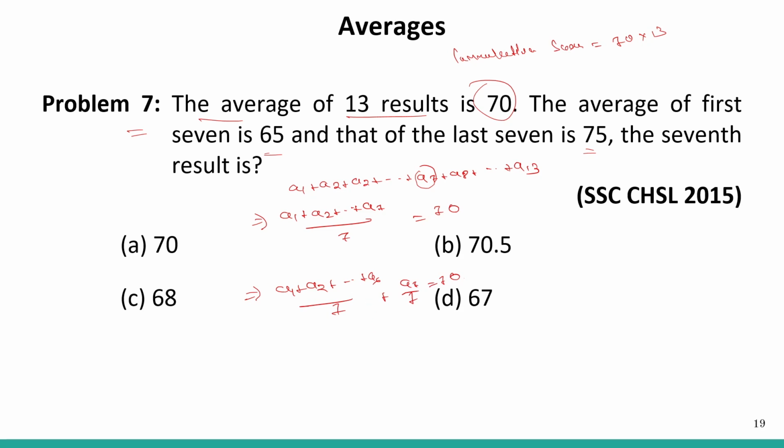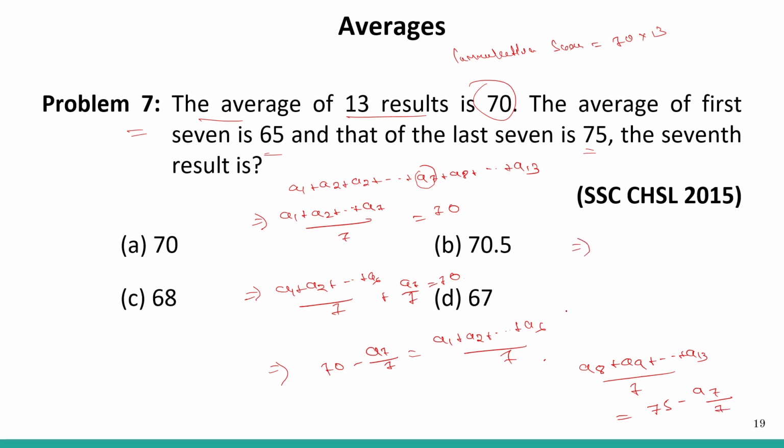So 70 minus A7 by 7 is equal to A1 plus A2 plus dot dot dot plus A6 by 7. And it was given that the average of the last 7 is 75. So we can also say that A8 plus A9 plus dot dot dot plus A13 by 7 will be equal to 75 minus A7 by 7, right?